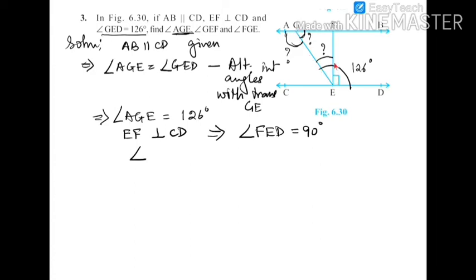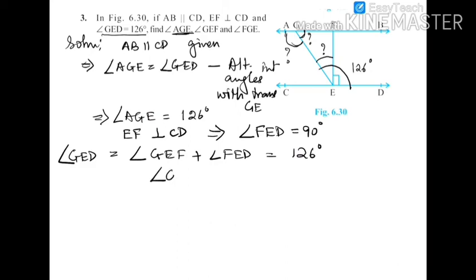Angle GEF and FED are two adjacent angles that sum up to 126. So we can write this down as angle GEF plus angle FED is angle GED, and that is equal to 126 degrees.